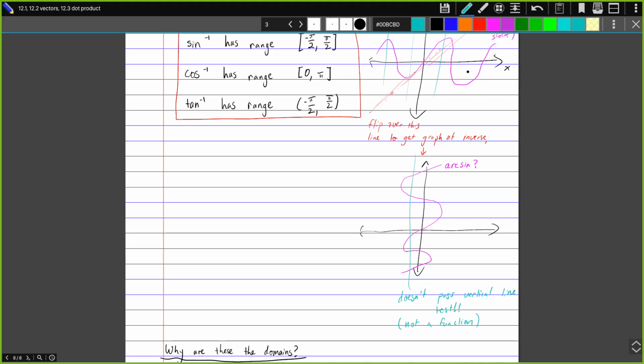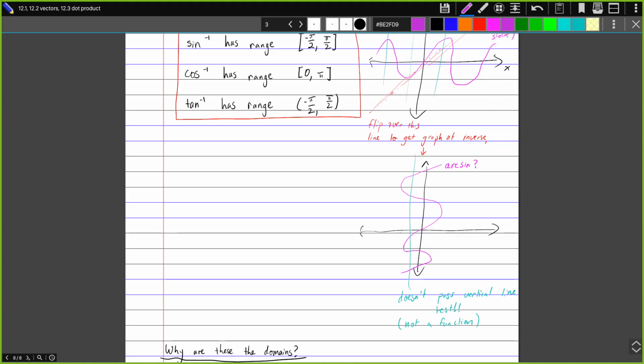So what we need to do then is restrict this graph to being just a part of the graph that does pass the vertical line test, because we need arcsine and arc cosine, etc., to be functions to do anything useful with them at all. Otherwise, you plug a value into them and you don't even get a single value as an output.